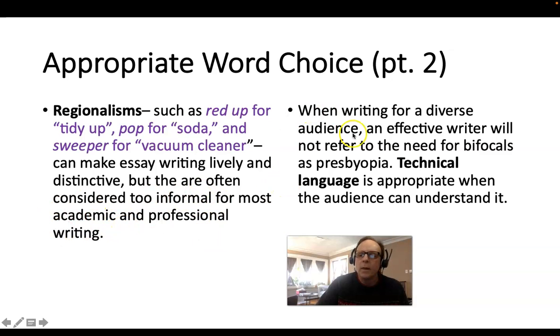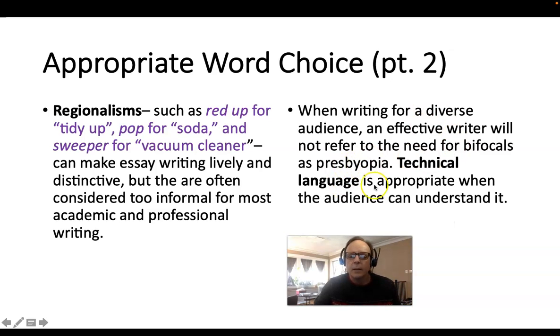If you're writing for a diverse audience, an effective writer will not refer to the need for bifocals as presbyopia, because that's a technical term that would only be used by an eye doctor. Technical language is fine if you're in a computer class, but if you're writing about computers for a regular English class, you definitely want to either explain it or use a simpler everyday word.